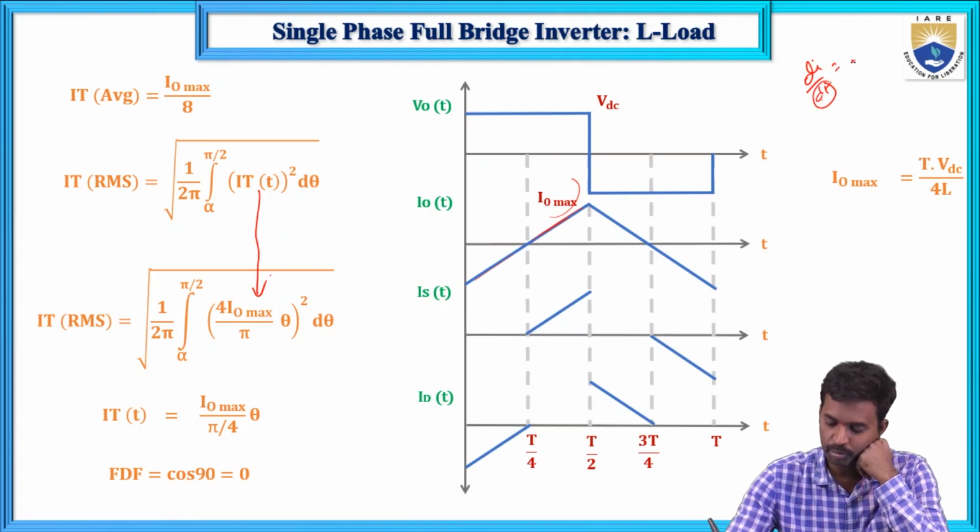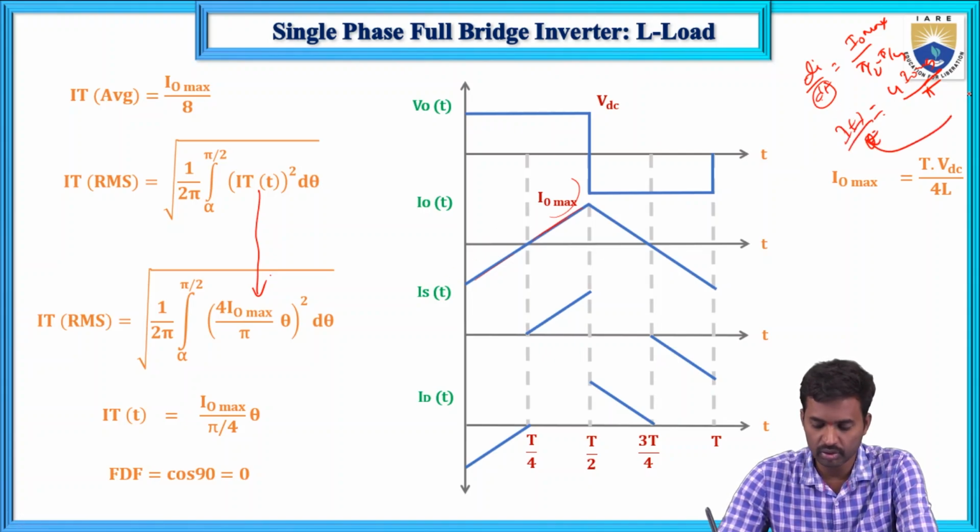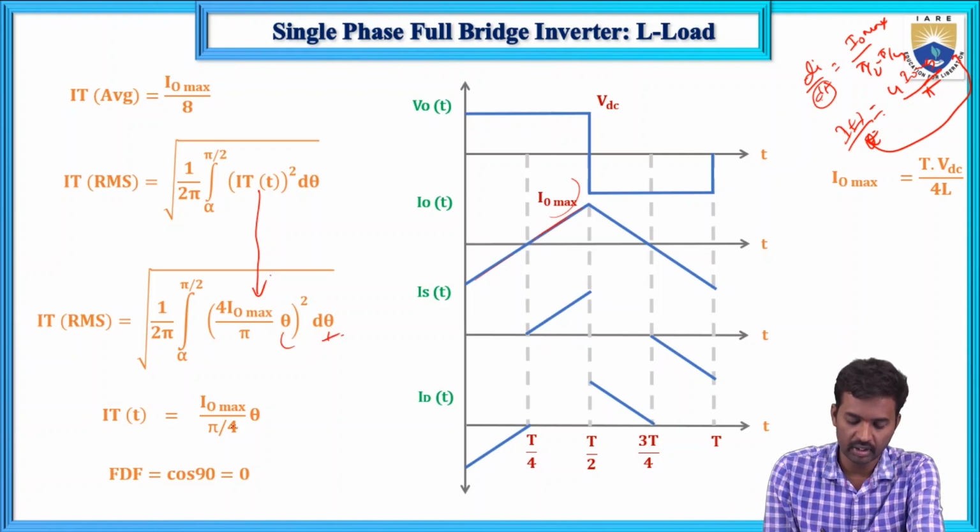This duration is pi by 2 minus pi by 4, and next here is the I0 maximum value. So that equals 4 into I0 maximum by pi. Now this is the case for I of t by theta. So here your RMS output voltage is this one.